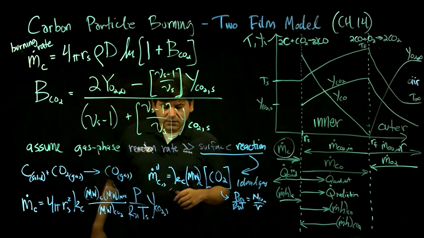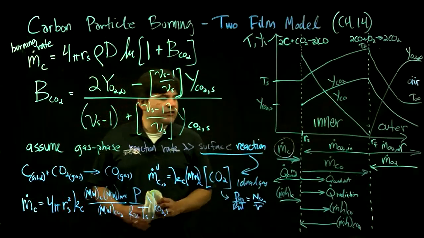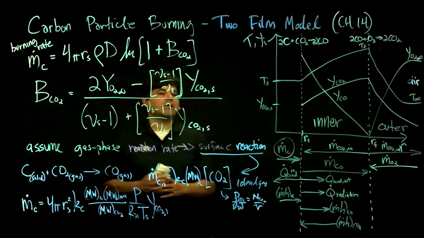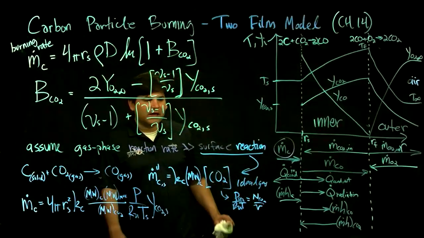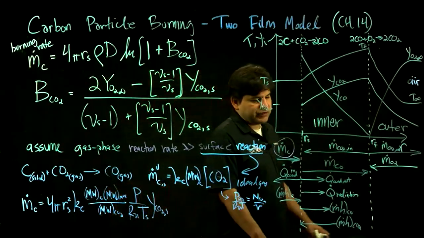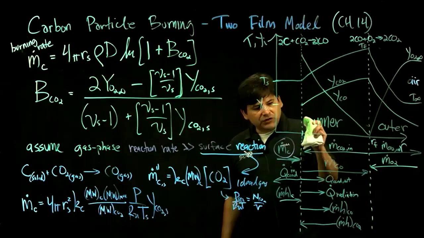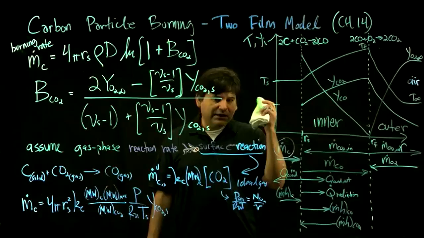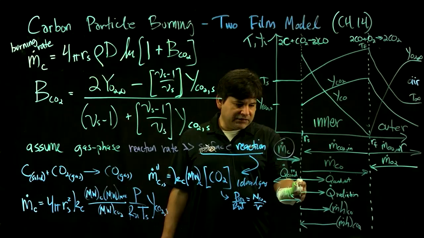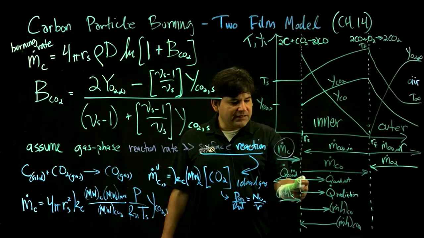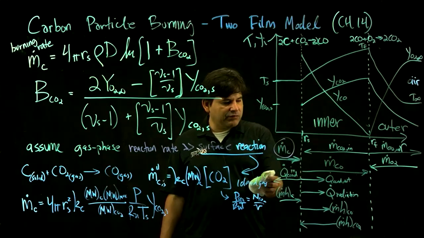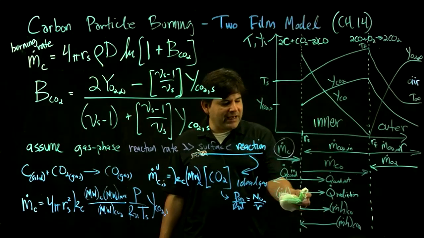Now, let's do the energy balance. The energy balance will give us more temperatures. What's happening is we have a surface reaction that is going to increase the temperature of the surface because it's exothermic. And then that energy is going to conduct into the particle and out to the surrounding gas.